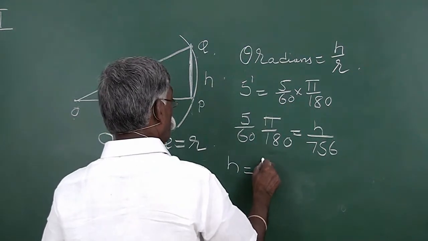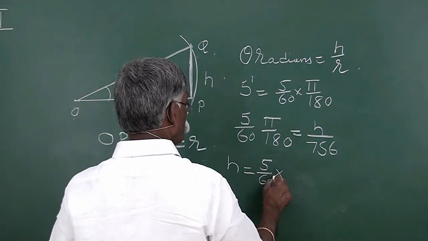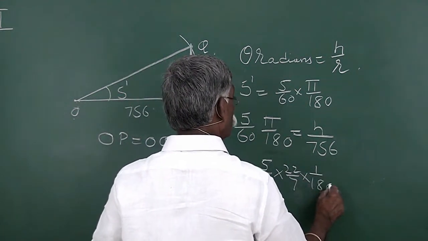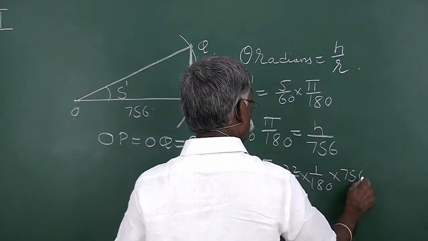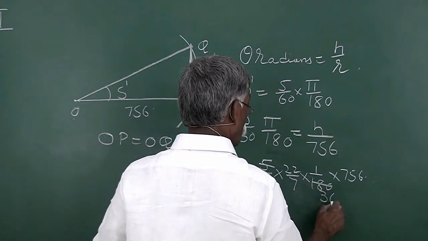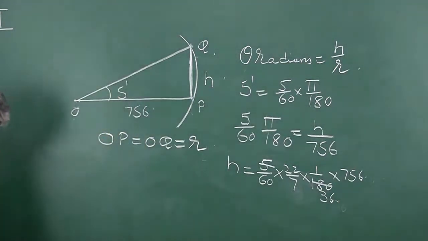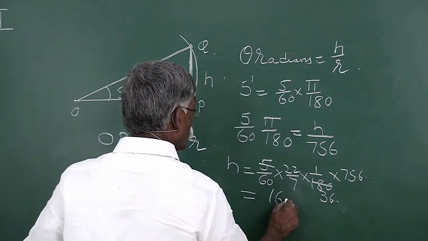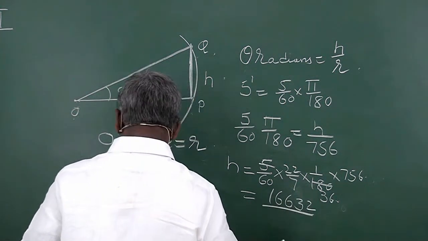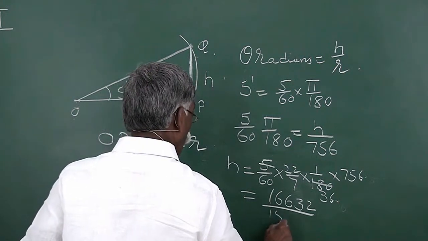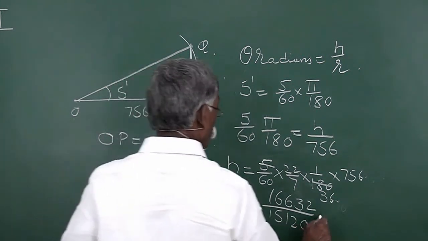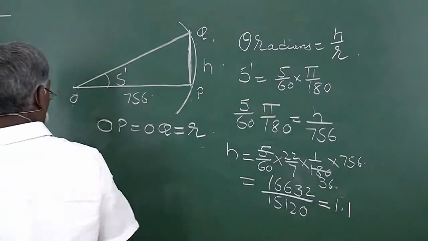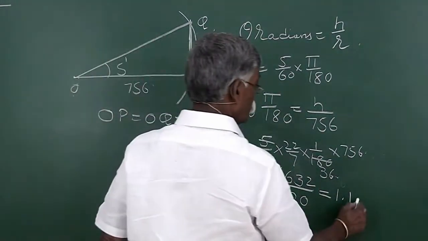Therefore h is equal to 5 by 60, 22 by 7, 1 by 180 into 756. 5 goes 36 times. So on multiplication, 16632 by 15120. It will be nearly equal to 1.1 meters.